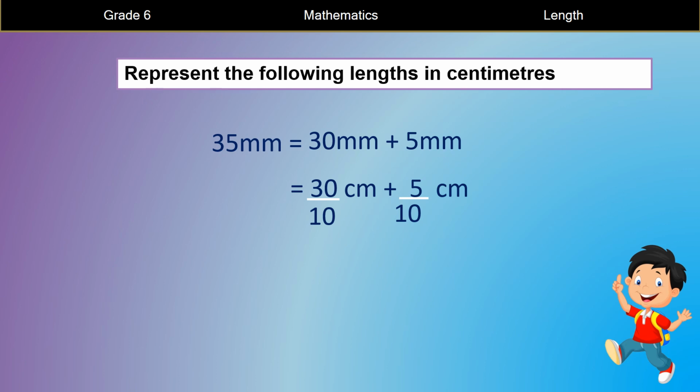So, here we divide 30 and 5 by 10. Then it is 3 centimeters plus 0.5 centimeters. The answer is 3.5 centimeters.